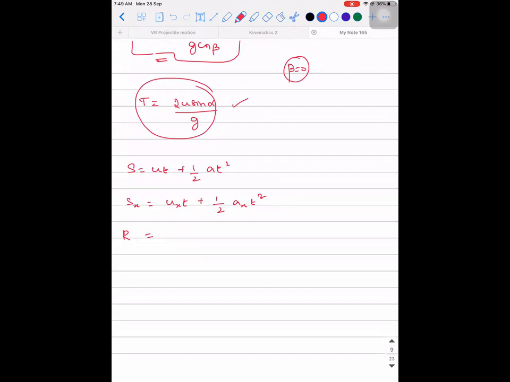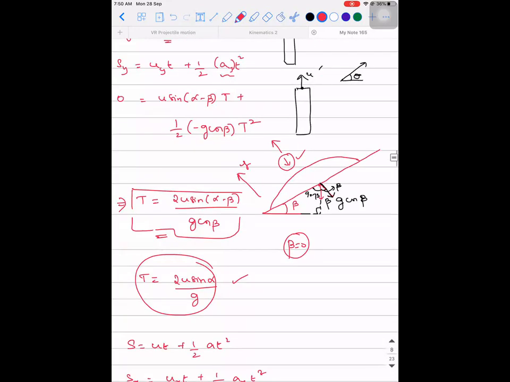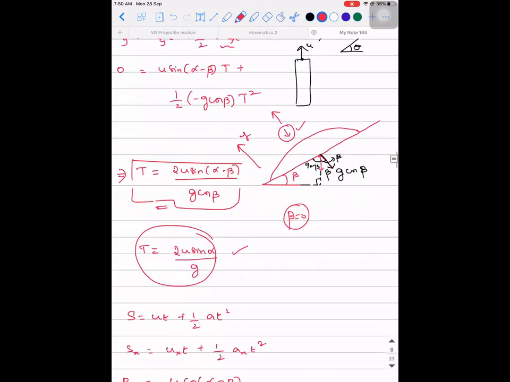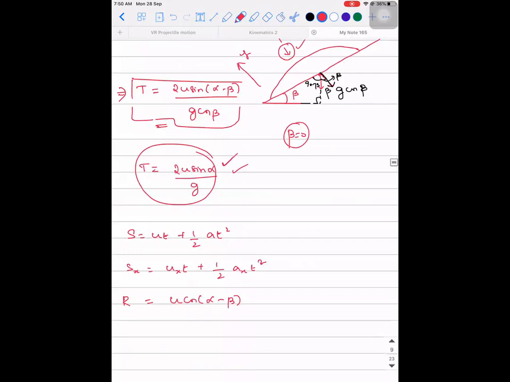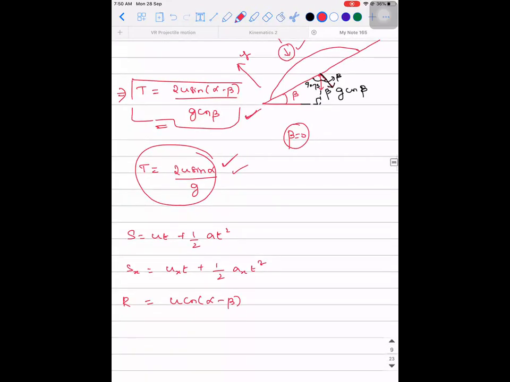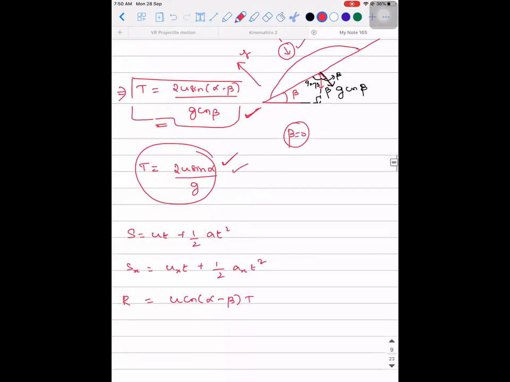U cos of alpha minus beta, into the time taken to go from O to B, which is the time of flight capital T, plus half into the acceleration along x direction. In this case, don't take it as 0, because there is a component of g existing along the inclined plane. What is it?